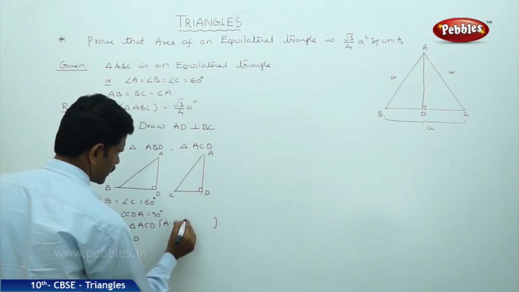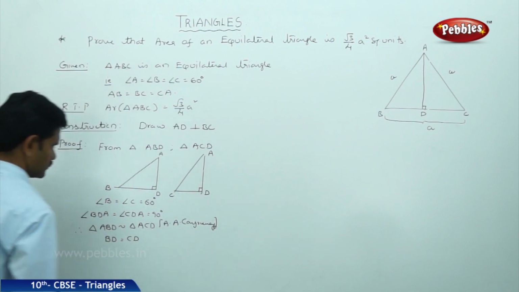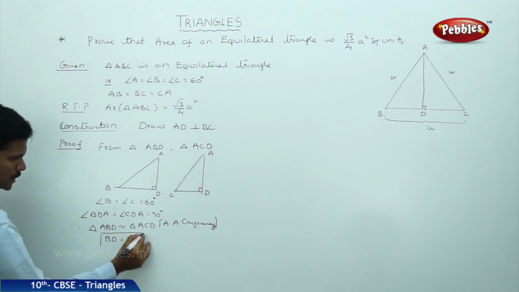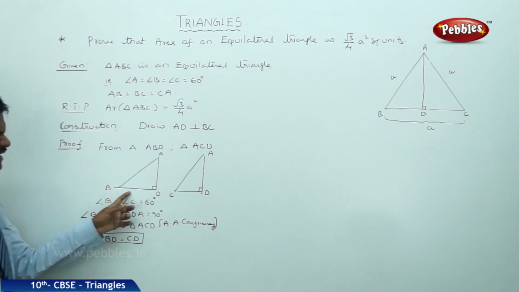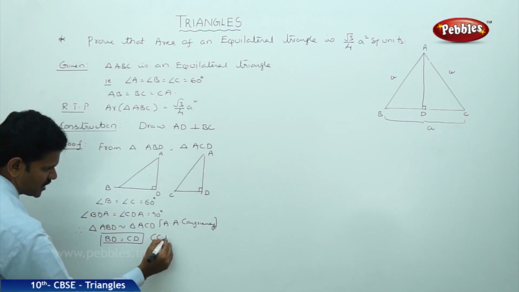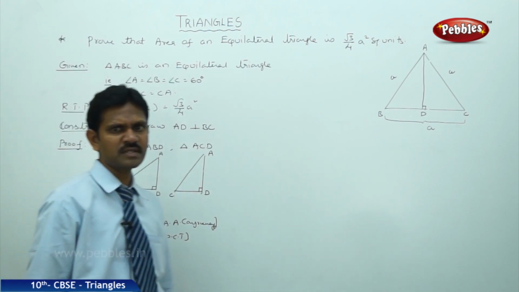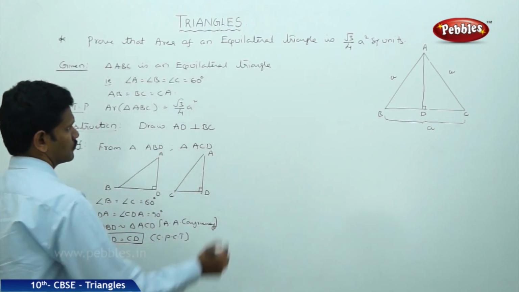Angle congruency. Therefore, BD is equal to CD. BD and CD are equal. Reason: CPCT. In congruent triangles, corresponding parts are equal.